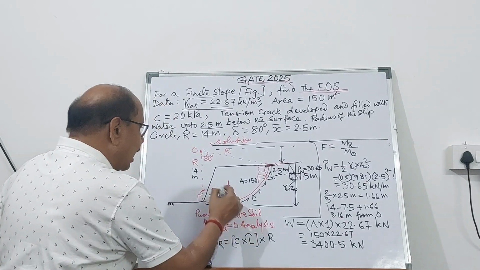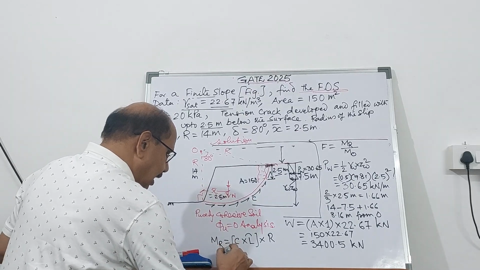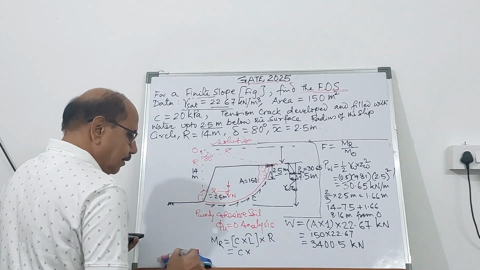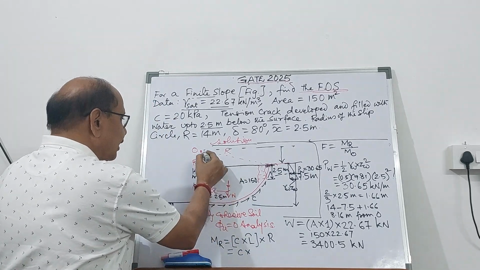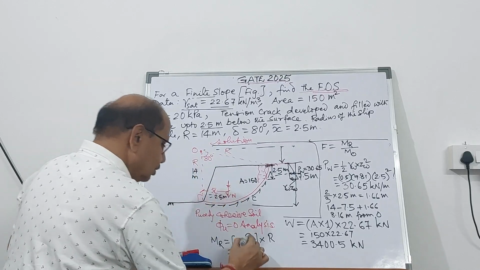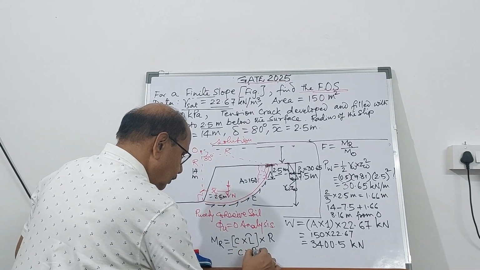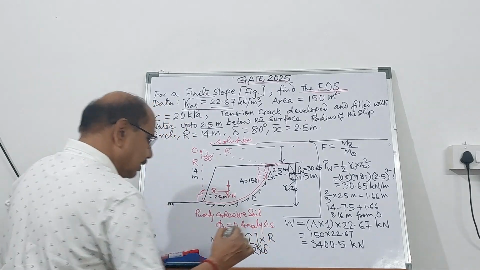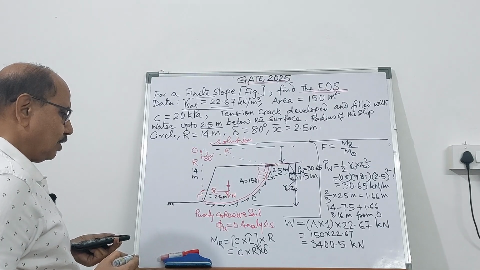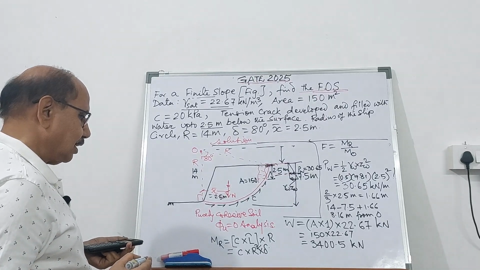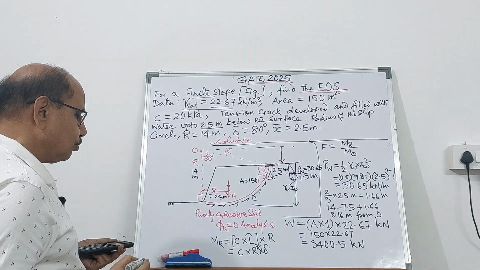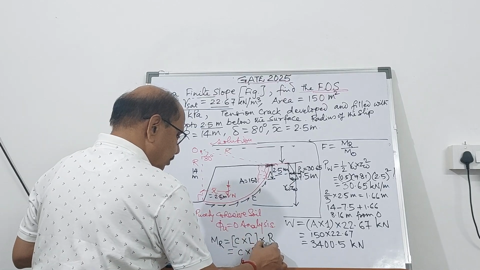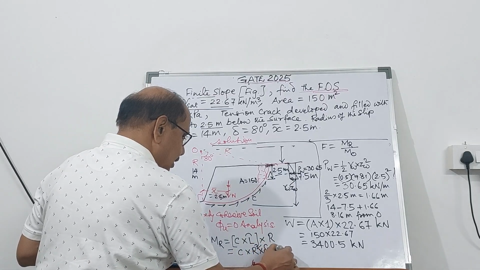Now, what is the value of L arc? The value of L arc will be R into delta. So C multiplied by L arc multiplied by R will be R into delta into R. So you can say it is C R square into delta. Now delta must be in radians.